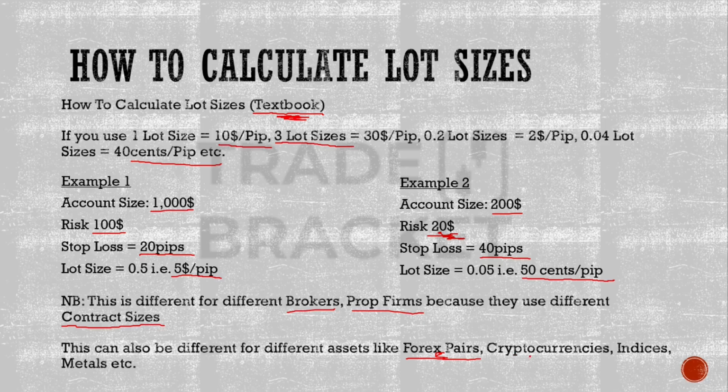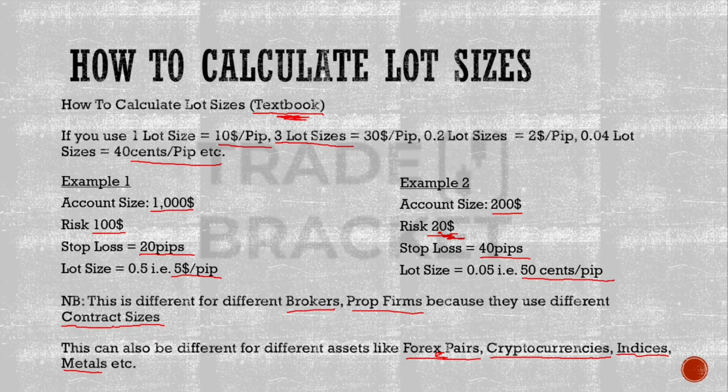And it's the same thing right here. It could be different for cryptocurrencies like Bitcoin, Ethereum. It could be different for indices like the US30 or the NAS100, and so on. It could be different for metals like silver and gold. That's why it is important, guys, for you to know.